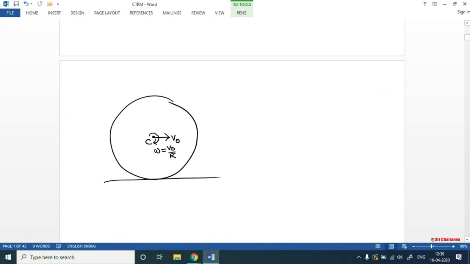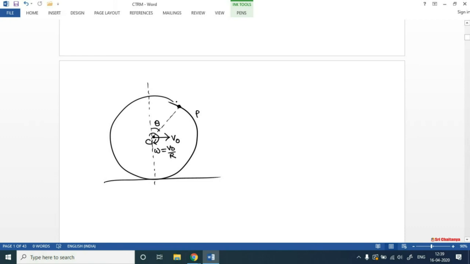Now we are interested in finding out the velocity of, let's say, this point P, and this point P here is making an angle theta with the vertical direction.